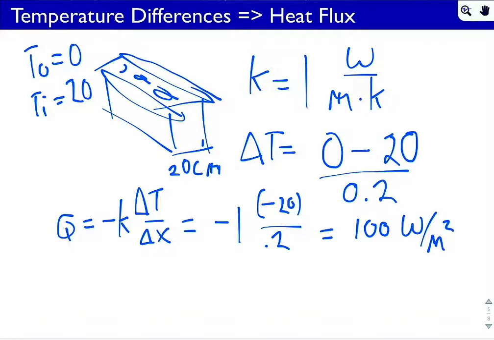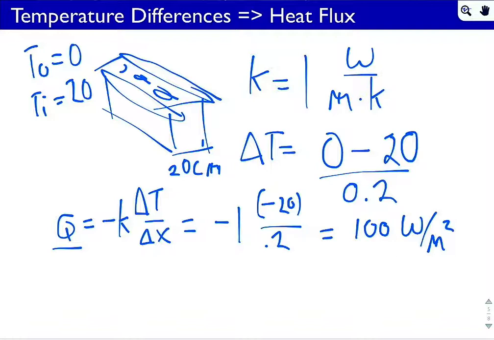Now be a little bit cautious because Q is sometimes an energy and not a power. Q is sometimes just watts, and sometimes it is watts per meter squared. Here it is watts per meter squared in the sense that for every meter squared of wall I have 100 watts moving through that meter squared, given the cinder block walls and the temperature difference that I made up.